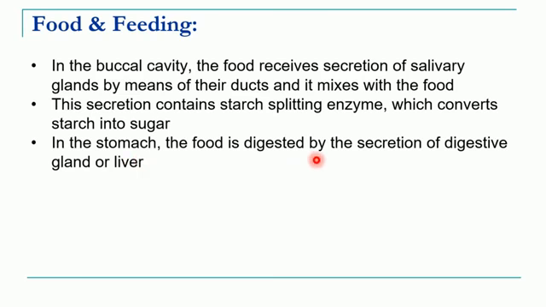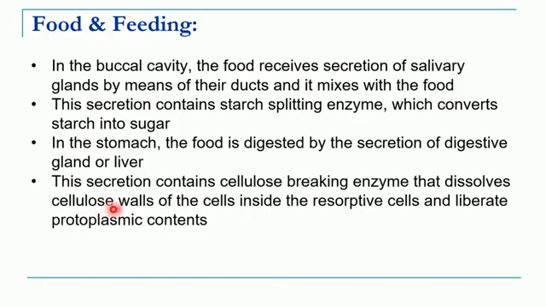The food is digested by the secretion of the digestive gland or liver. This includes some secretions like a cellulose breaking enzyme that dissolves the cellulose walls of the cell. This process of breaking down cellulose takes place in the resorptive type of cells of the hepatopancreas or liver, and it liberates the protoplasmic content of this cellulosic material.